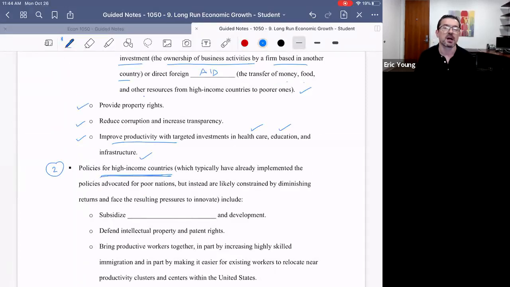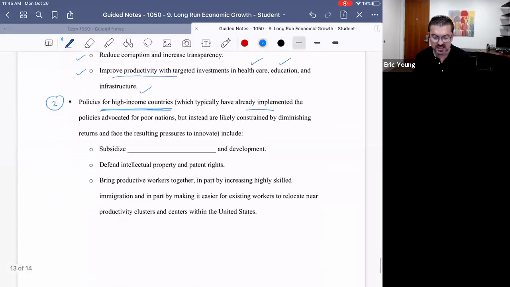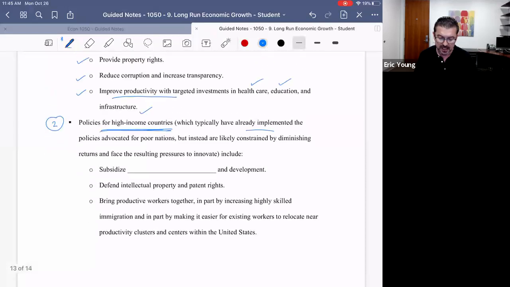For higher income countries, for richer countries, you have to remember that typically these countries have already implemented all of these policies that we identified for poor countries. I mean, rich countries already typically have market economies with robust foreign trade, lots of investment, defined property rights, etc. That's why they're rich. They've already done that difficult work and built those institutions and capabilities.